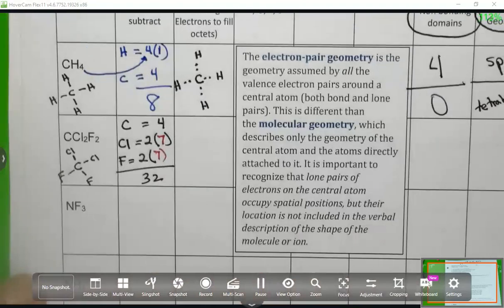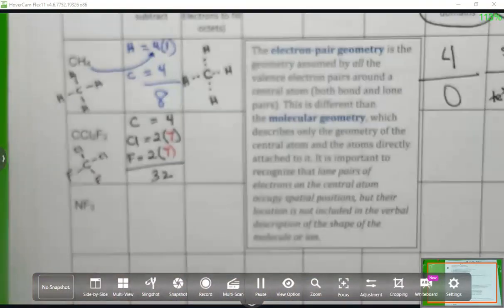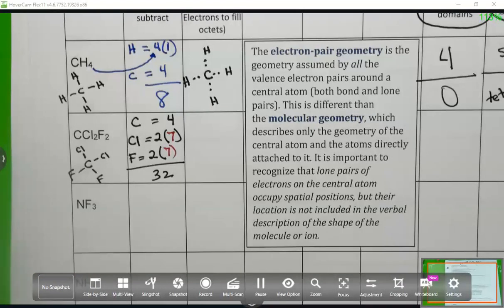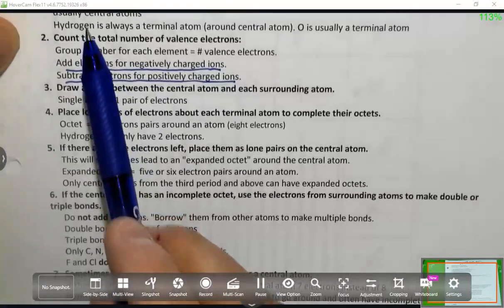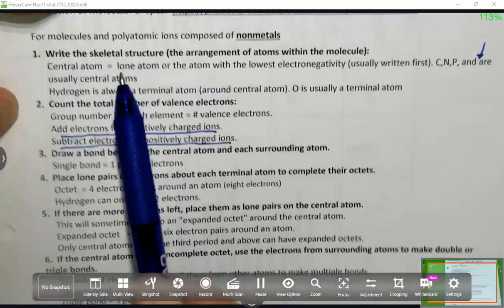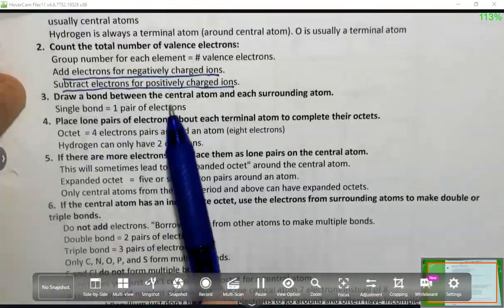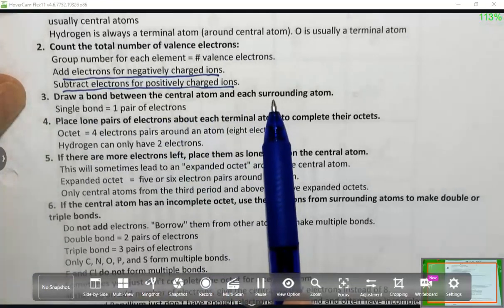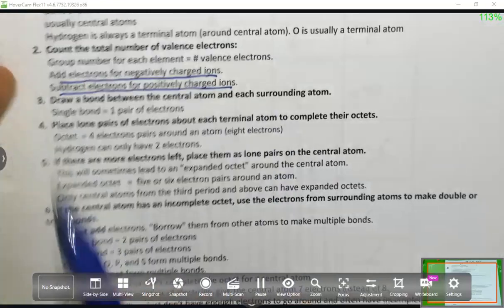All right. Now, what am I going to do? Let's see what step I am on. So I wrote a skeletal structure. Count the total valence electrons. I did that. Draw a bond between the central atom and each surrounding atom. A single bond is a pair of electrons. Okay, step 3.